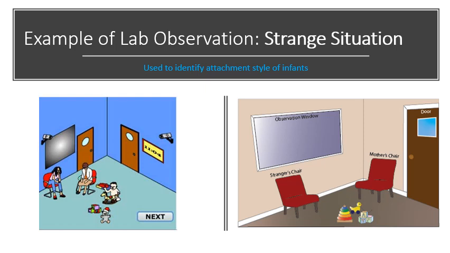And I'm not sure if you could see it here, but we basically have a researcher and a mother or a parent and a child, usually around 1 or 2 years of age, and a bunch of toys. And there's a lab set up, and there's a mirror here that's an observation window, and the door. And so this is the setup, and then in various stages, after certain precise time increments, a stranger will come in, the mother will leave, the mother will come back, and various things happen.